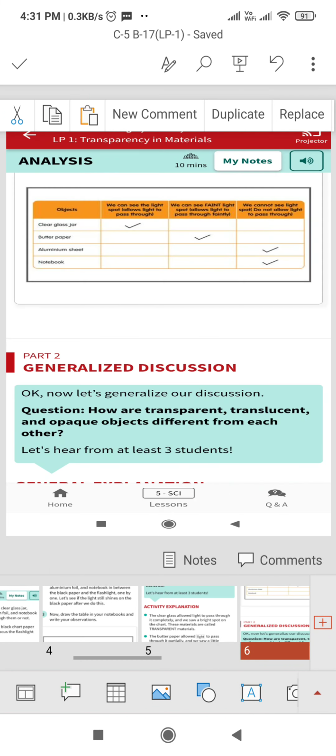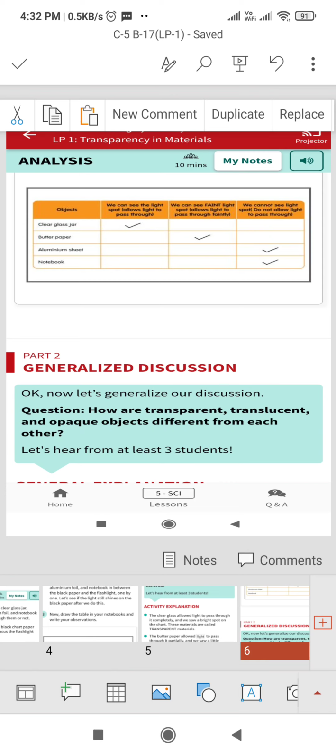We will find that the clear glass allows light to pass through completely. Butter paper allows light to pass through partially, not completely. Aluminium sheet and notebook do not allow any light to pass through them. That is what we have observed.